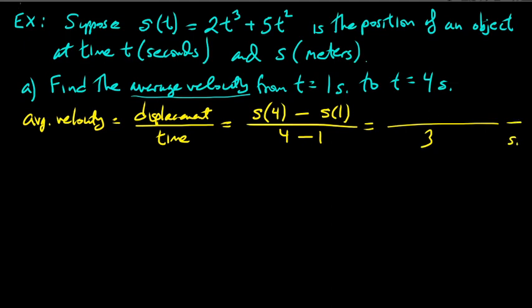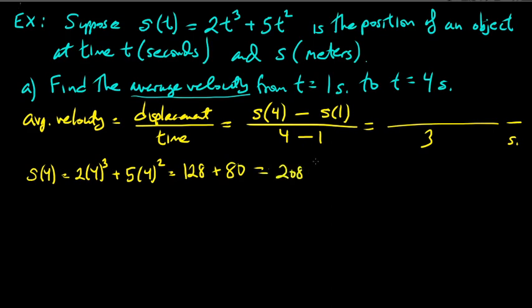And so what's s of 4? Well, I need a calculator for that. So s of 4 is going to be 2 times 4 cubed plus 5 times 4 squared. So 4 cubed is 64, times 2 is 128, plus 5 times 16 is 80. So 128 plus 80 is, I want to say, 208.